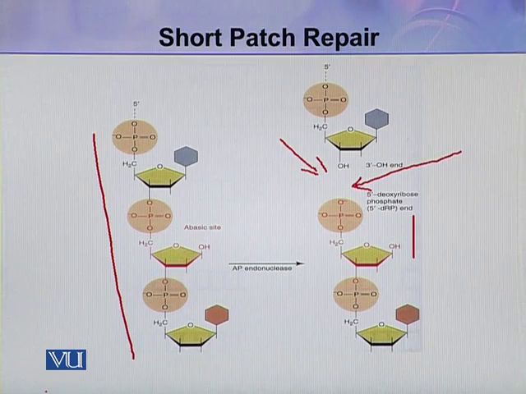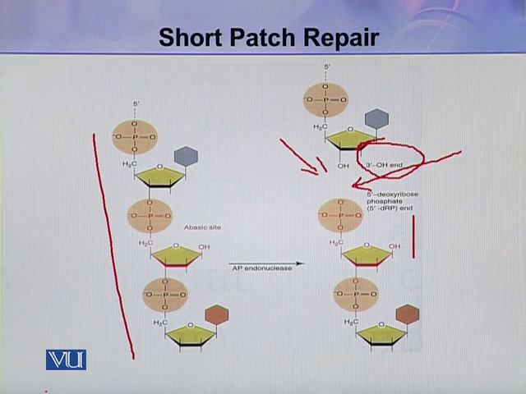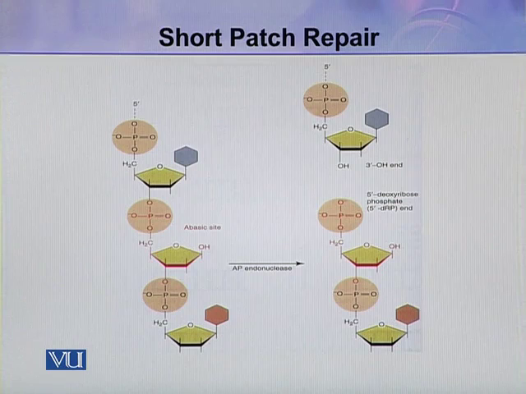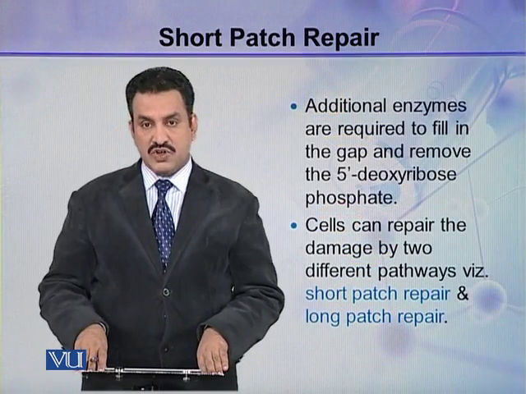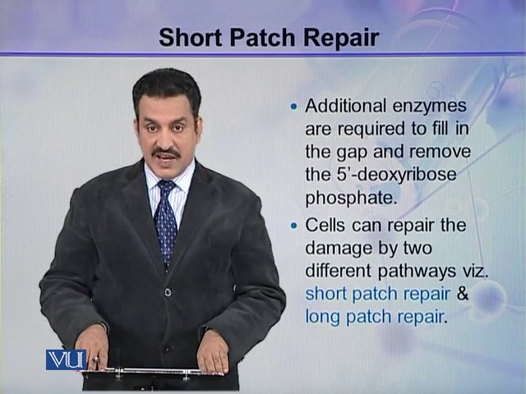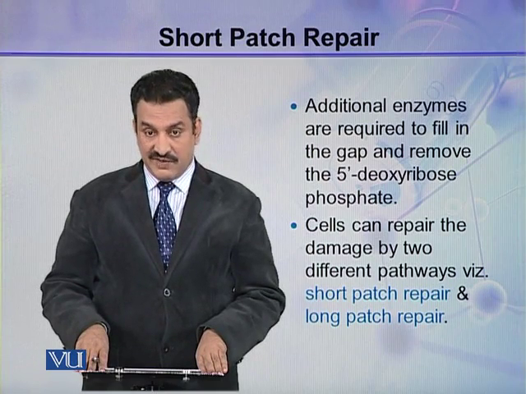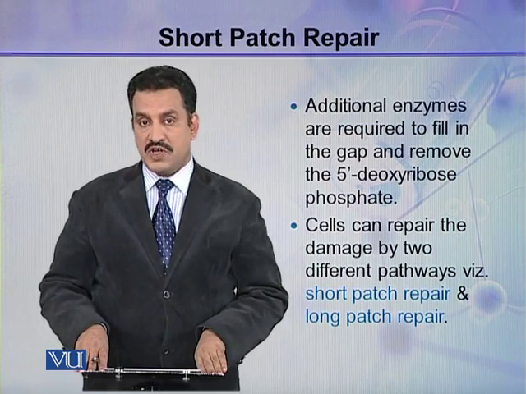So in this gap, on one side is the 3' hydroxyl group, and on the other side is a 5' deoxyribose phosphate. So it should be further repaired. Although the damaged base has been excised, the repair is still needed. Additional enzymes are required to fill in the gap and remove the 5' deoxyribose phosphate.